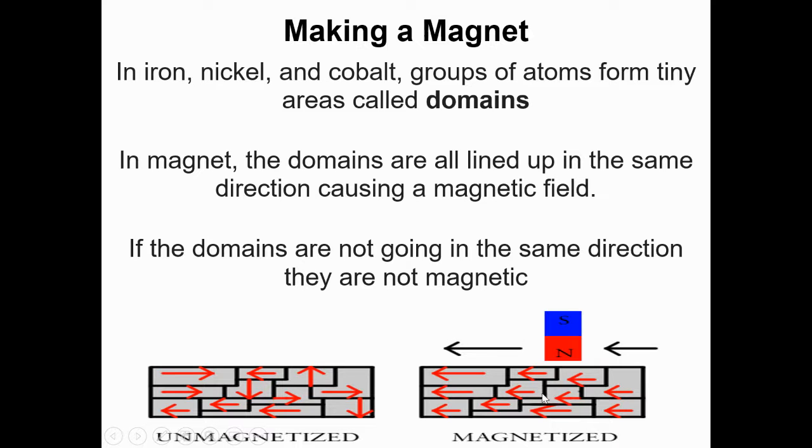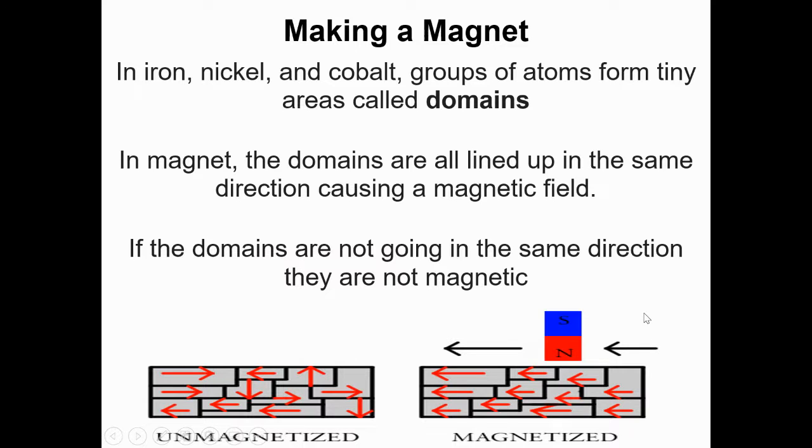If they're not lined up, like in an ordinary object, then we call these unmagnetized. In normal objects like a nail or a paperclip, all the domains are scrambled together. In a magnet, though, all the domains are going in one direction. If they're going in one direction, that becomes a magnetic property.